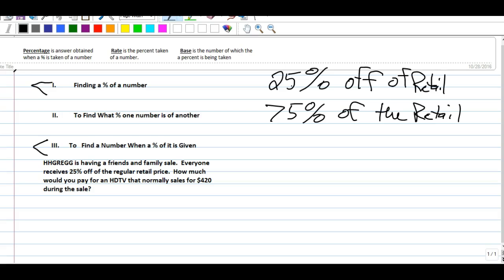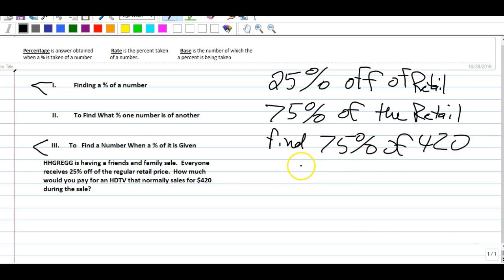But you're receiving 25% off of retail, so that means you're paying 75% of retail. So another way to think about it is to find 75% of 420, and that will actually give you your sale price without having to determine the discount, which is 25%, and subtracting it from the original price.